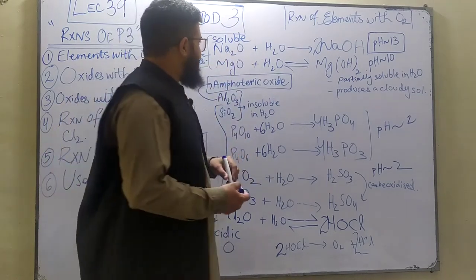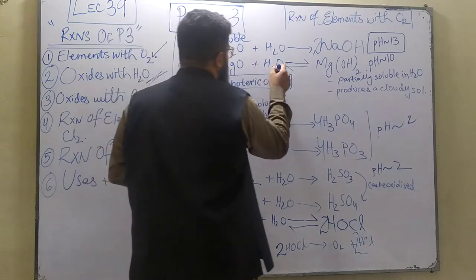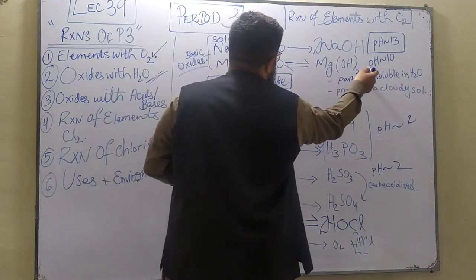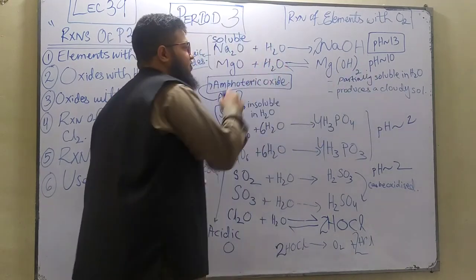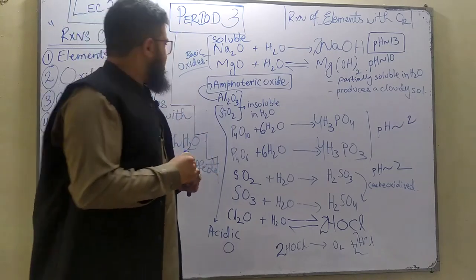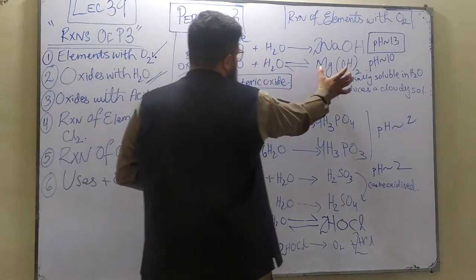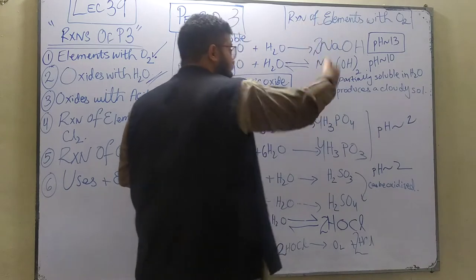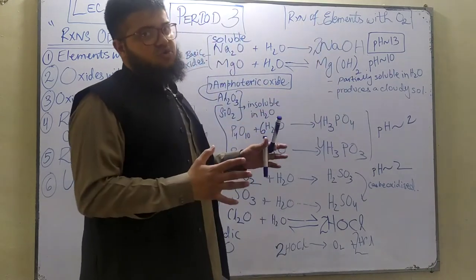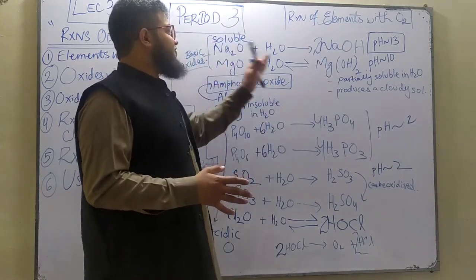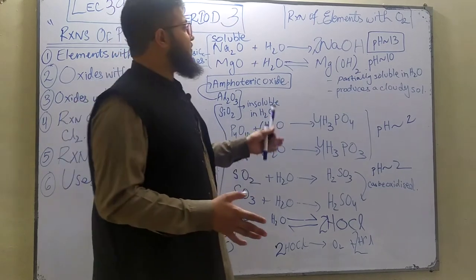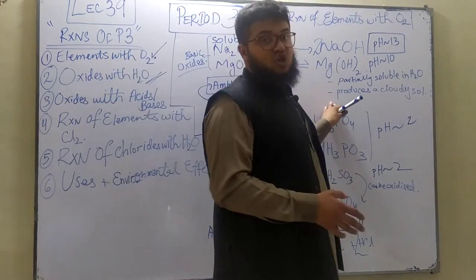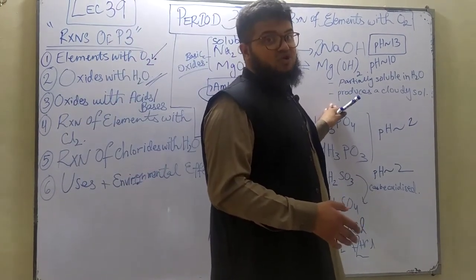When it dissolves in water, it produces magnesium hydroxide, and this is quite a slow reaction. The magnesium hydroxide which is produced is also not very soluble in water. So both of them are partially soluble in water, therefore you get a cloudy solution.